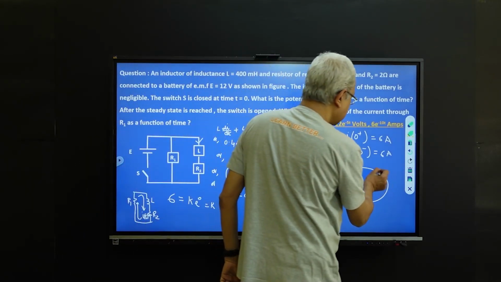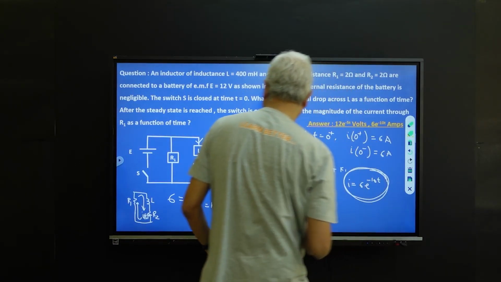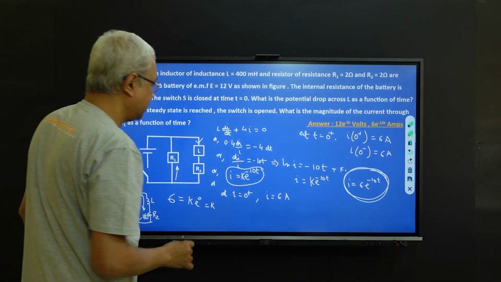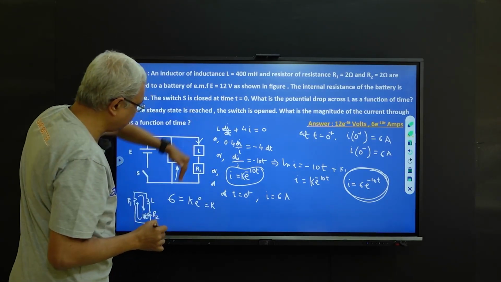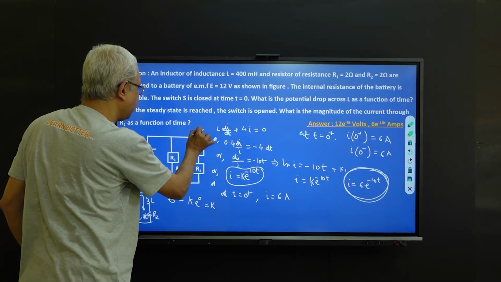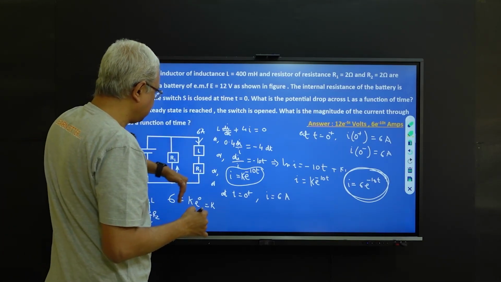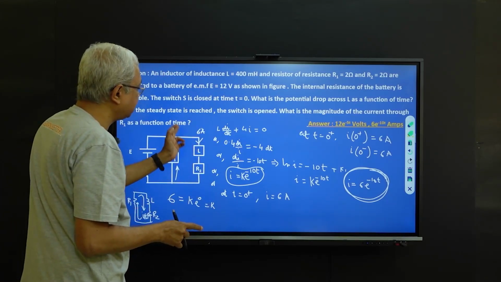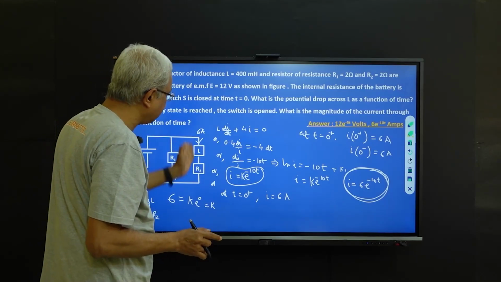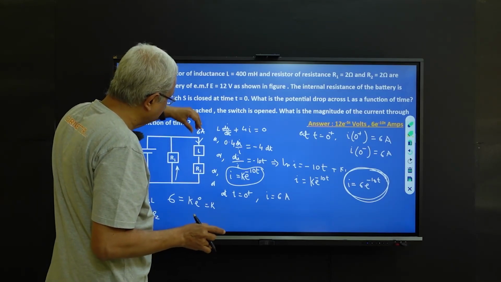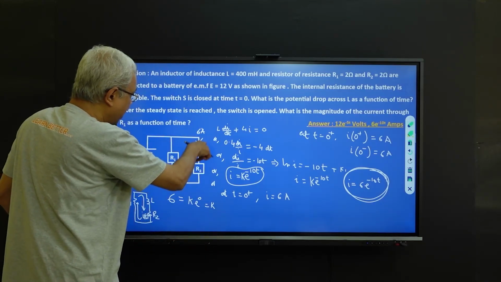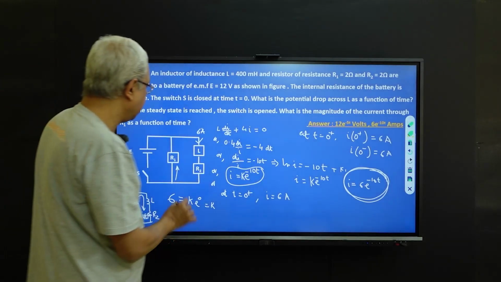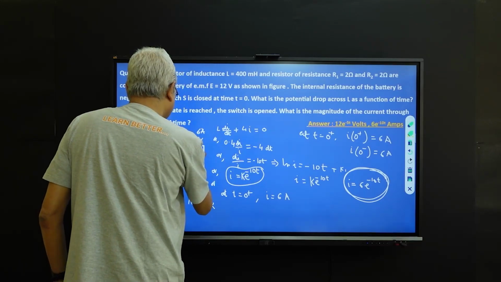So this current flows through both R1 and R2, and it flows through R1 in this direction. Initially the current through L was 6 ampere in this direction, top to bottom. Immediately after switch off, the current through inductance cannot change instantaneously. The current through the inductor has to be 6 ampere, and it passes through R2 as well as R1 because this part is removed.